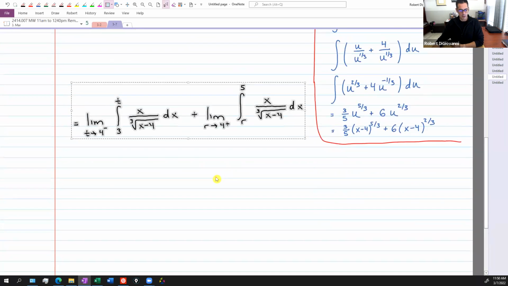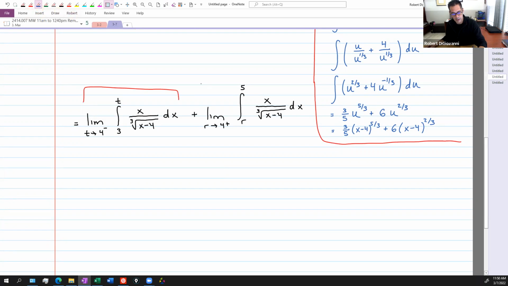Okay, so let's do this first integral. I'm going to do this first one in red, and the other one in green. For the red one, I have a limit as t goes to 4 from the left. I need the antiderivative, which is 3/5 (x minus 4) to the 5/3 plus 6 (x minus 4) to the 2/3, evaluating that from 3 to t.